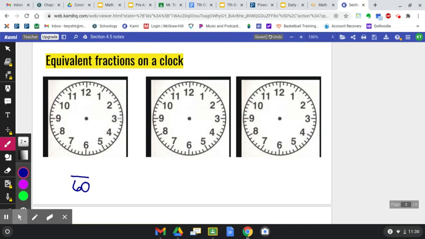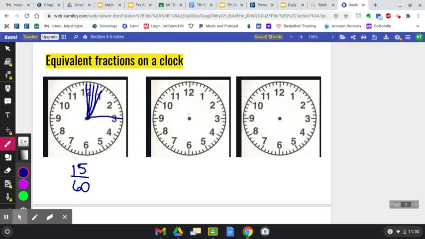If I look at this slice here and count up the minutes, there would be 15 of them. There's 15 minutes there. Now, this is not in simplest form.